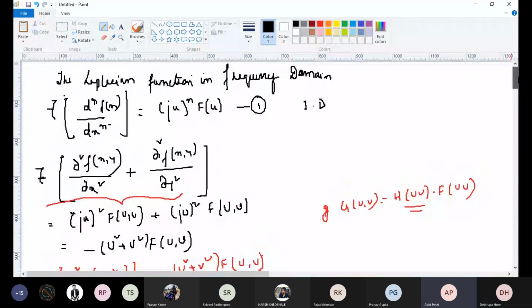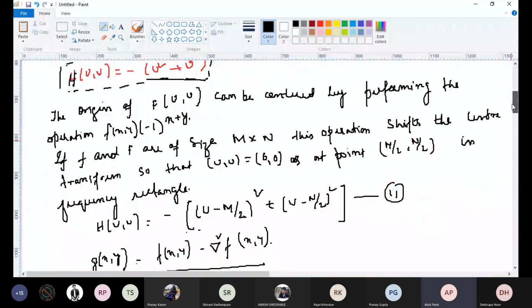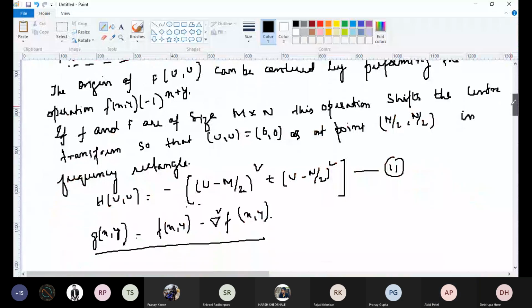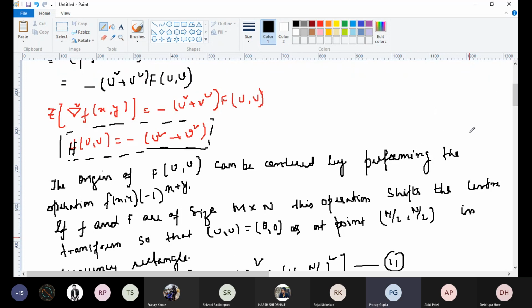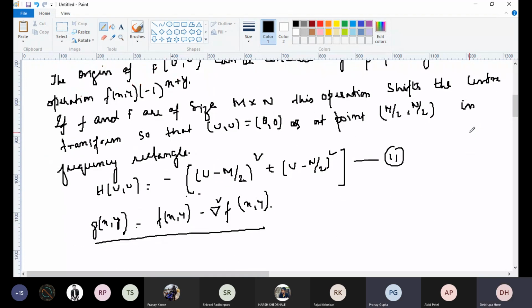Ma'am, is (u, v) equal to (0, 0) or sigma comma something? No, 0 comma 0. Ma'am, on top of the delta sign, is that a 2 or is that a symbol?